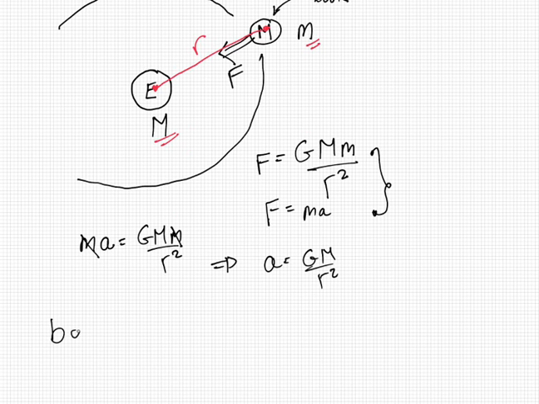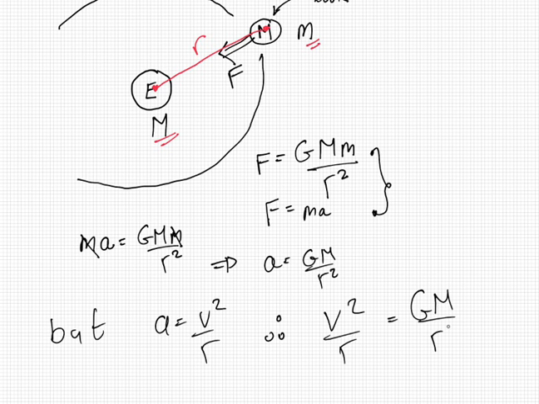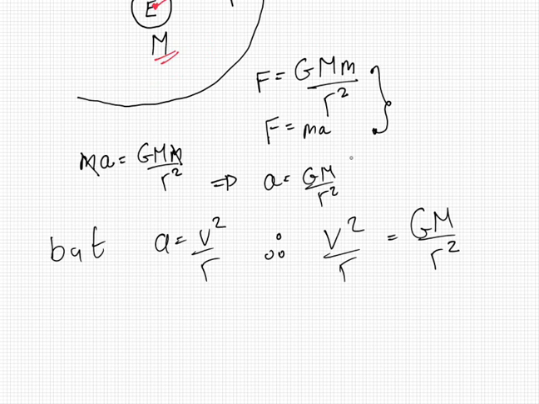So you have a equals v squared over r. Therefore, v squared over r equals GM over r squared. So what happens now? Well, that cancels that, doesn't it? So you get v squared equals GM over r.